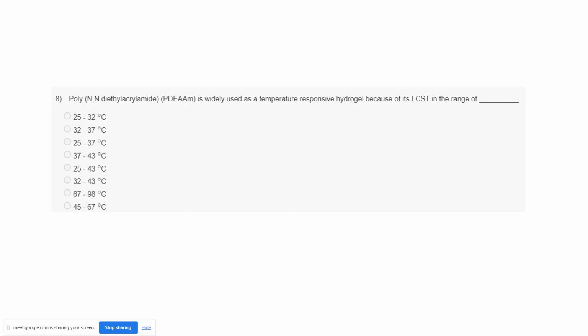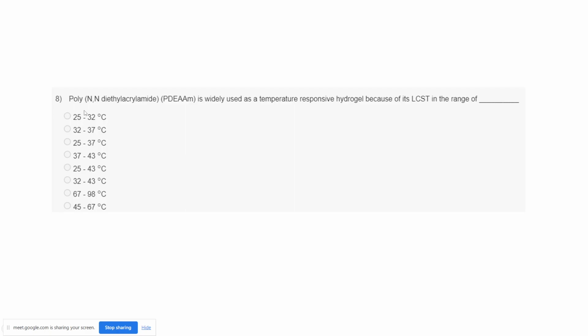This was the eighth question. Poly-N,N-diethylacrylamide (PDEAM) is widely used as a temperature responsive hydrogel because of its LCST in the range of, correct answer would be 25 to 32 degrees Celsius. So it is used as a temperature responsive hydrogel because above 32 degrees Celsius it can form hydrogels, and you can form hydrogels in vivo at body temperature, that is 37 degrees Celsius.